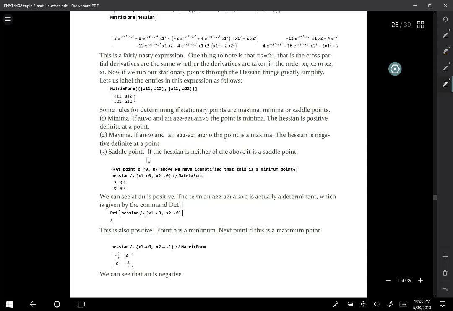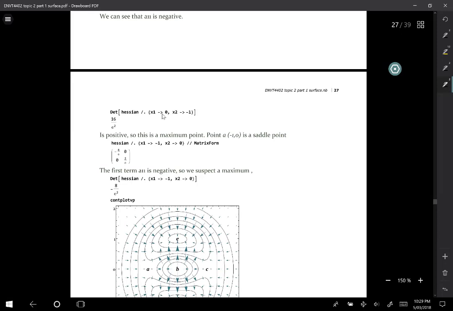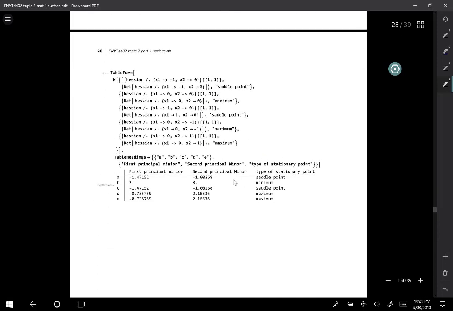And if it's a saddle point, it's neither of the two conditions above. If we then go through all the stationary points and work these out, the names of those conditions are first principal minor and second principal minor. But you'll see what they are up there.